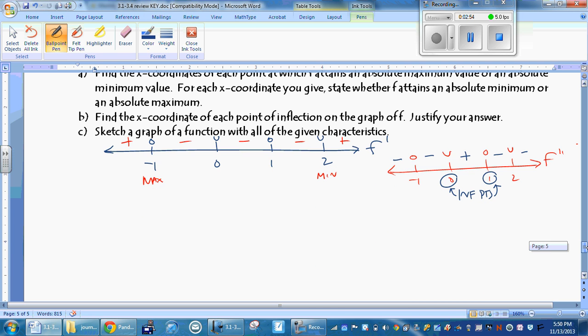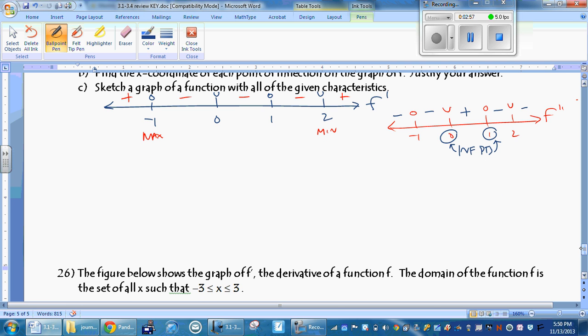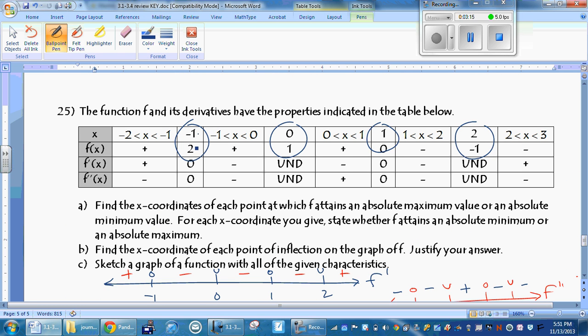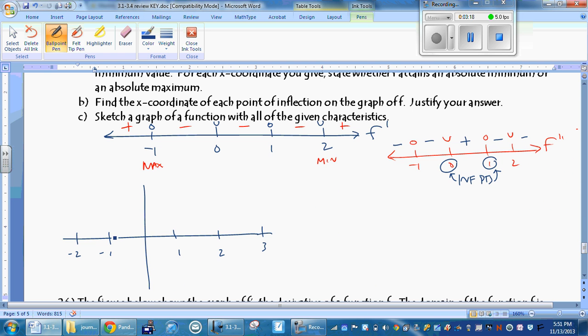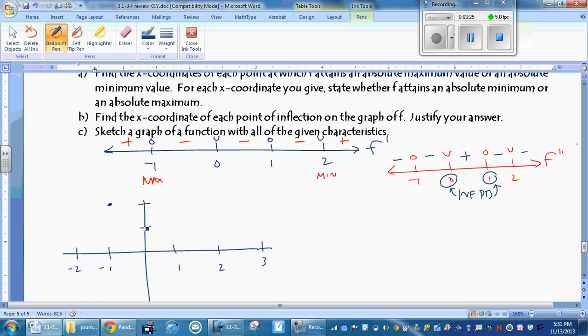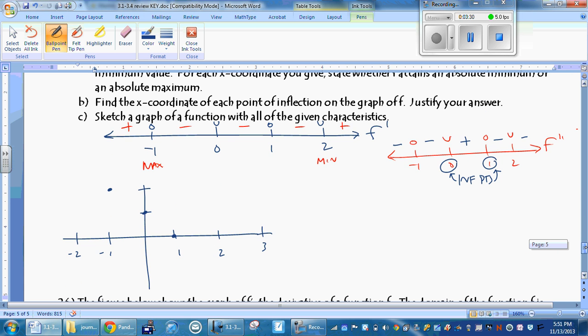Now we can take that information from these number lines and sketch a graph, along with some more information we had up top. So let's look back up here. It gave us some points. We have a point at (-1, 2). We have a point at (0, 1) and (1, 0), as well as (2, -1).